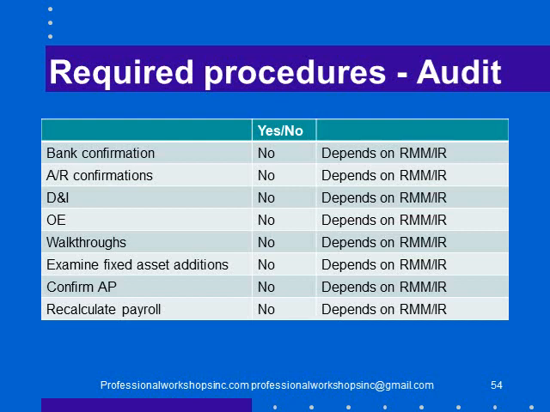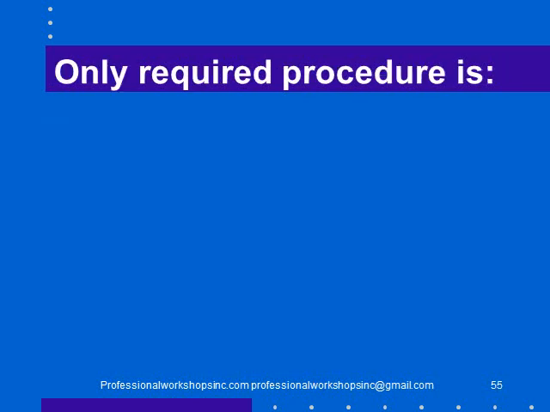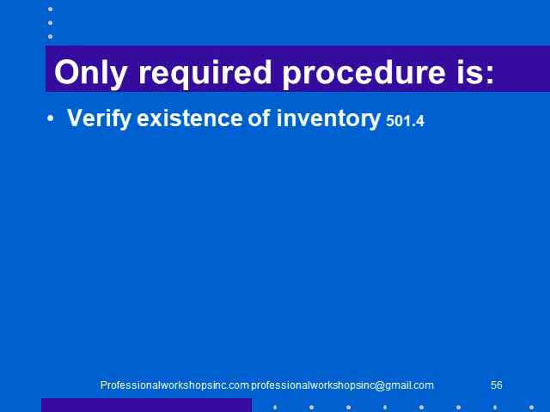You're probably making a less complicated audit more complicated, and you could do it more simply. And you could do a more complicated audit more simply too. Same logic. The only single required procedure in professional standards is we must verify the existence of inventory.